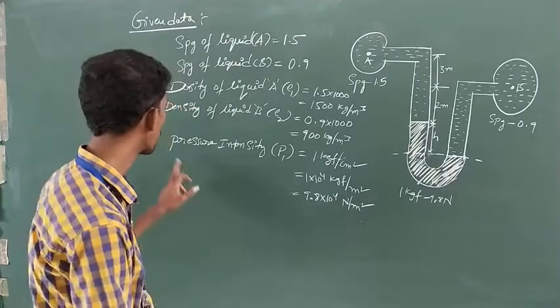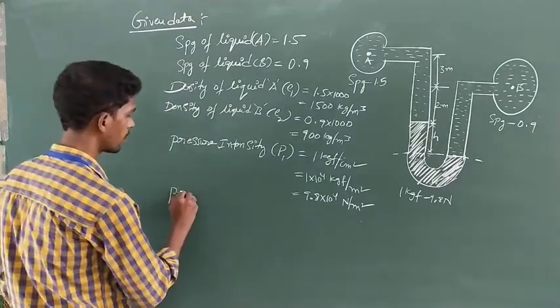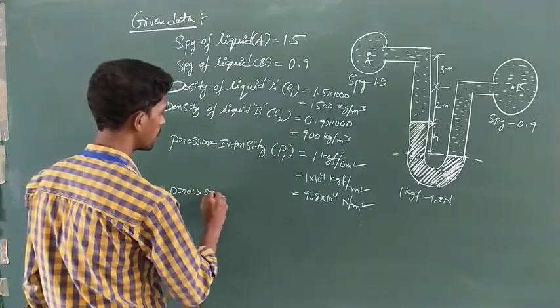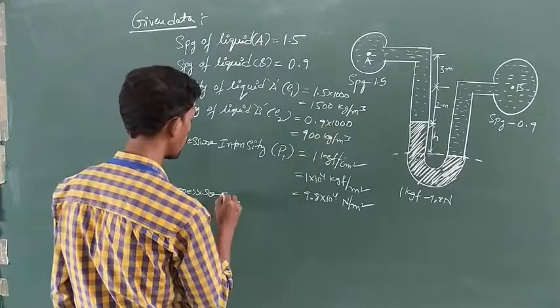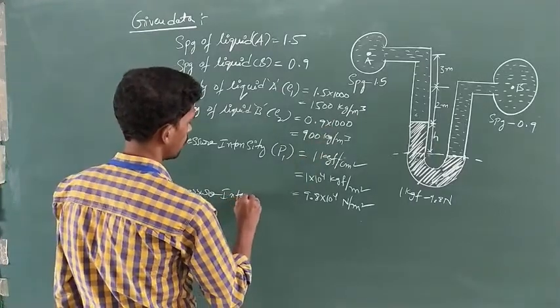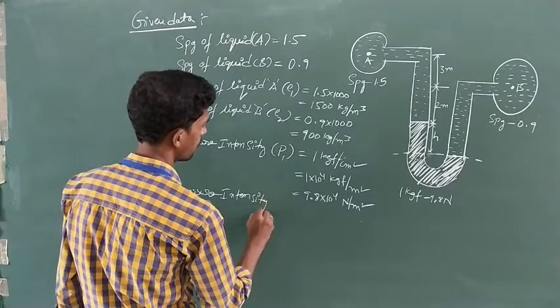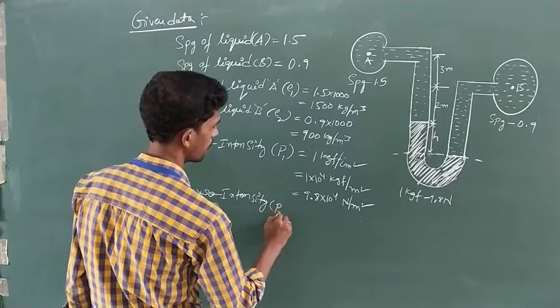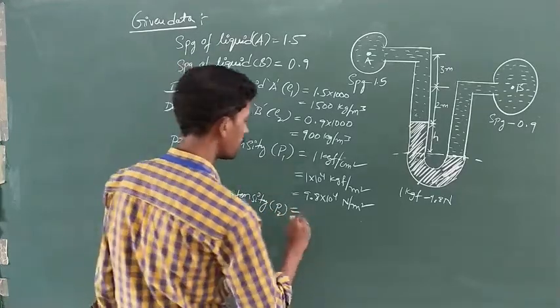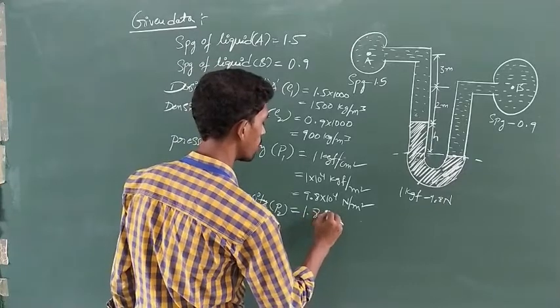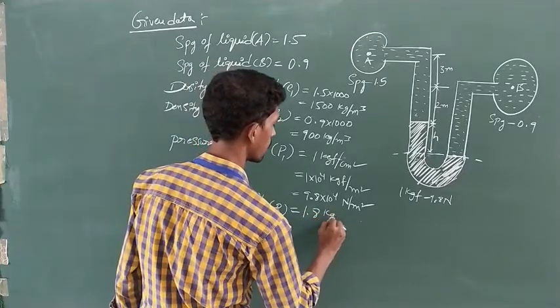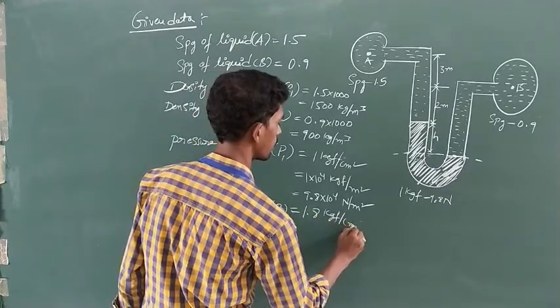In similar way, convert the pressure intensity of liquid B also. Pressure intensity P2 is equal to, here how much is given, 1.8 kgf per centimeter square.